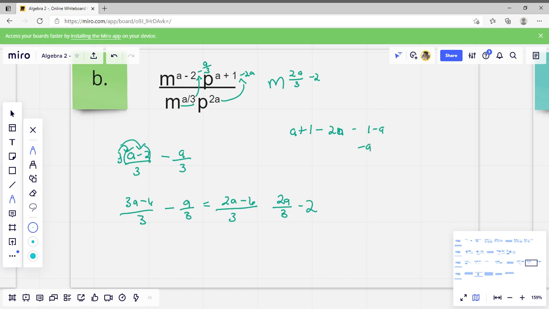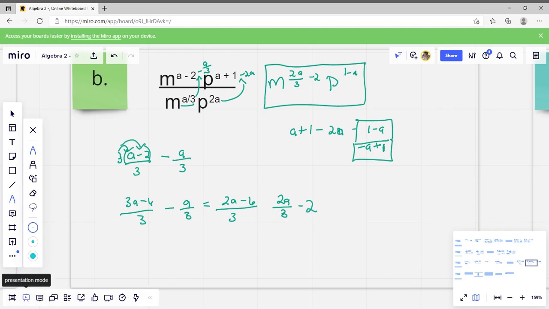It'd be negative a plus 1 or 1 minus a, either one of those. So if you wrote it like that, that's the way the answer key has it. Or you could have written it as negative a plus 1. You could write it like that or like that. They both mean the same thing.